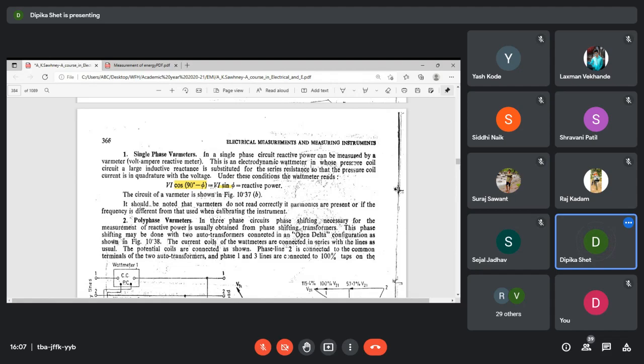Here it should be noted that these VAR meters do not read correctly if harmonics are present. Remember that this meter will not give an accurate reading if harmonics are present in the circuit. Harmonics are frequencies which are integral multiples of our supply frequency.